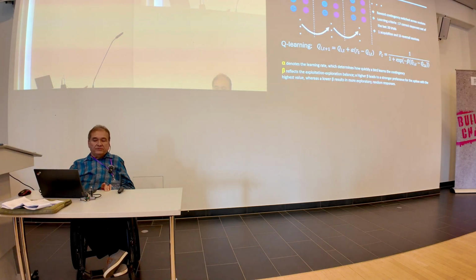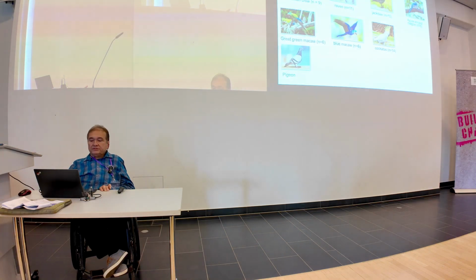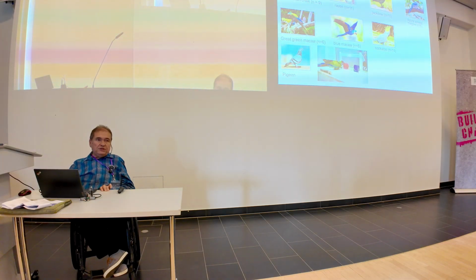So the structure is very easy: serial reversal learning, alpha and beta to derive the learning rate and the strategy of the animals. Here we have our species, and all species were tested with things that resemble what is done here with the great green macaws in Auguste von Bayern's lab.